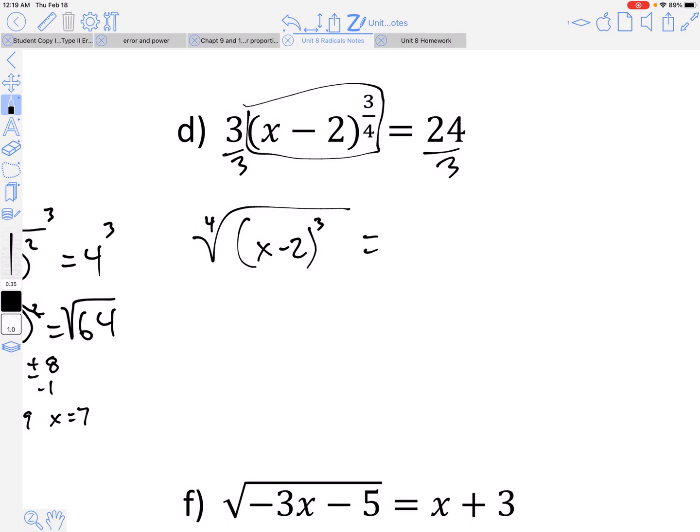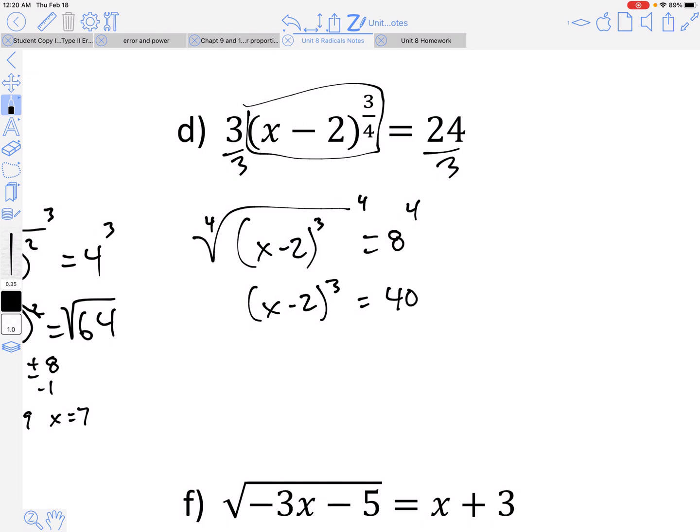And then 24 divided by 3 is 8. Okay? All right. So kind of think about what you need to do next. And we're going to raise everything to the 4th power to get rid of that radical. Now 8 to the 4th is quite a big number.